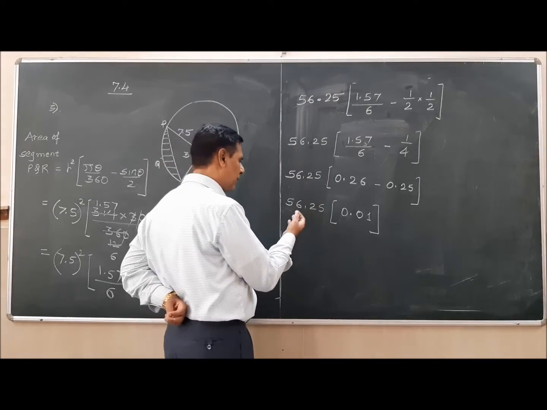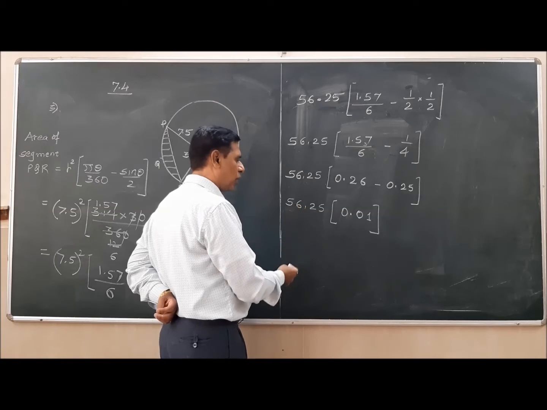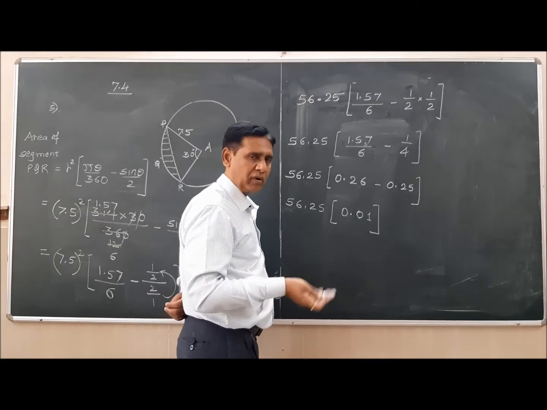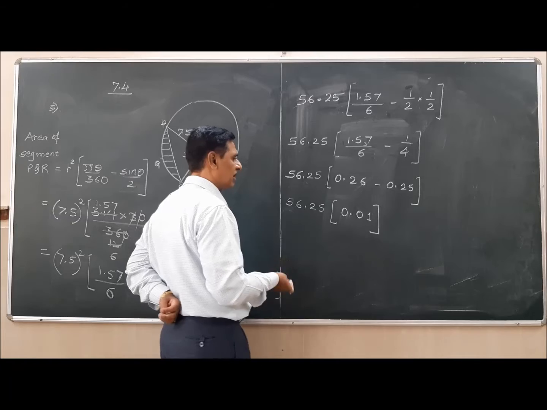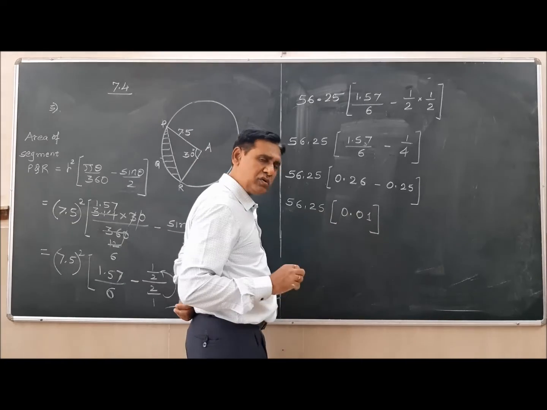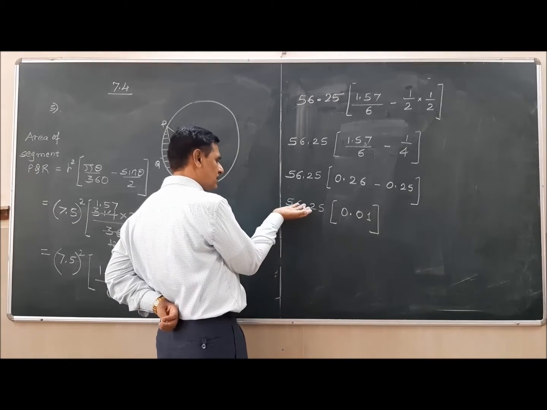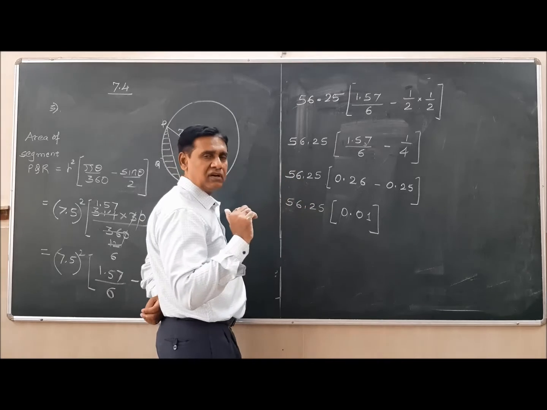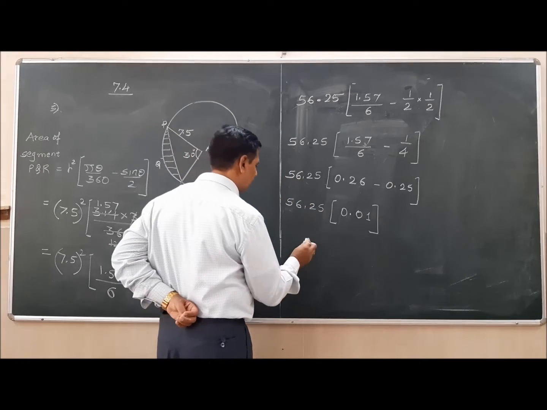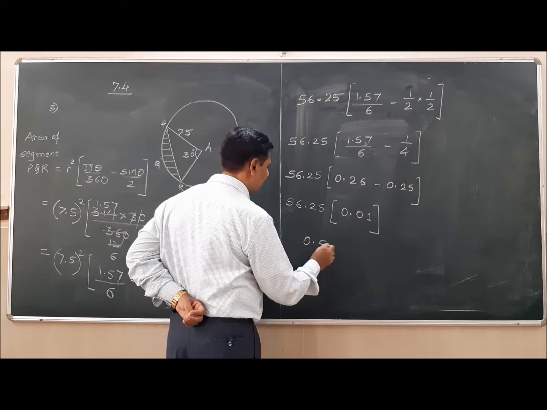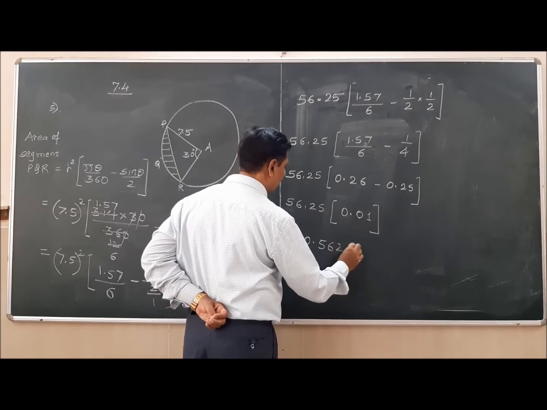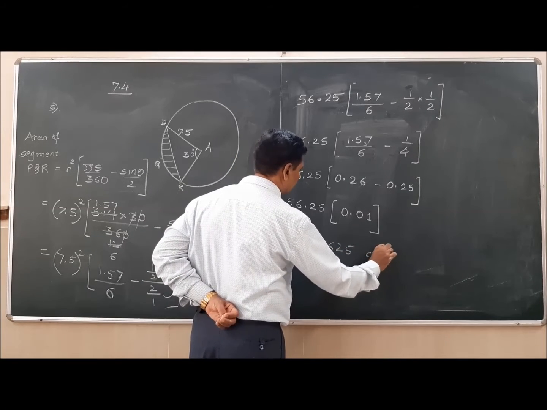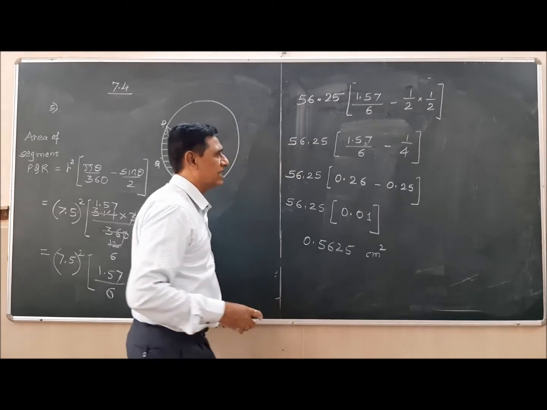Now if you multiply 56.25 by 0.01, naturally you will find, since we are multiplying with the number having 2 decimals, this decimal point will shift 2 units to the left. So final answer I get is 0.5625 centimeter square.